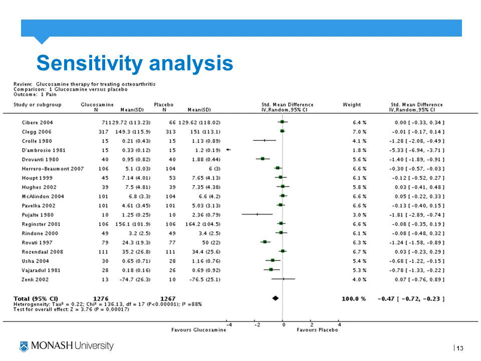So this is an example of sensitivity analysis. In this particular review, we're looking again at glucosamine for treatment of osteoarthritis. We've got glucosamine versus placebo. Our outcome is pain, and in this case we've got all of the particular studies that were included in the review, or should I say identified in the review.